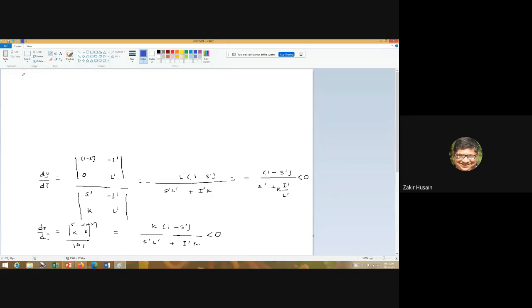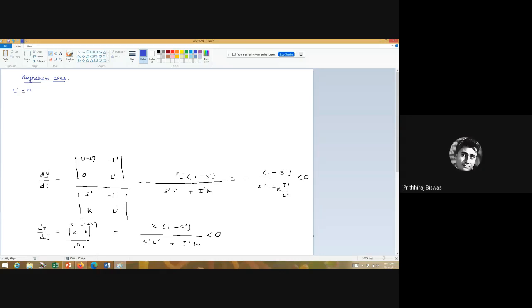Okay, so let's go to the Keynesian case, the liquidity trap. L prime is 0. So if L prime is 0, it's better if you use this form.